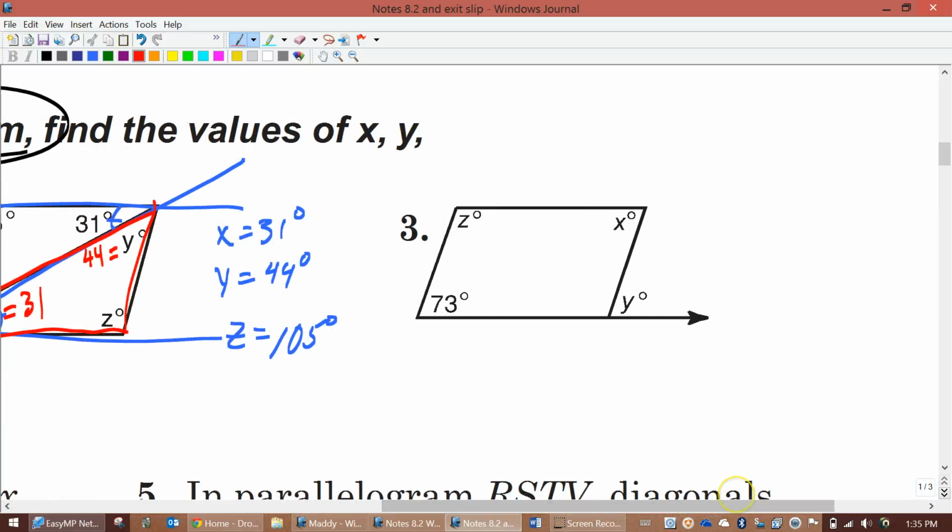All right, number 3. Anybody want to take a gander at it? Yep. Is x 73? Reason being, opposite angles of a parallelogram are congruent. Anybody else?